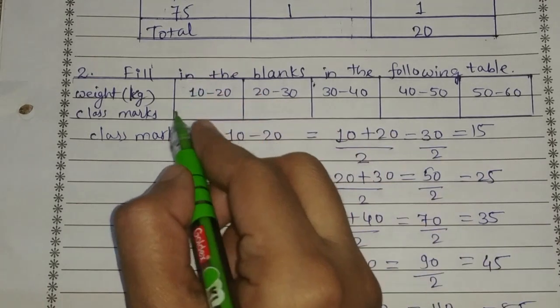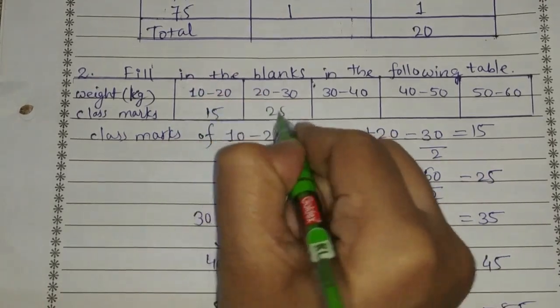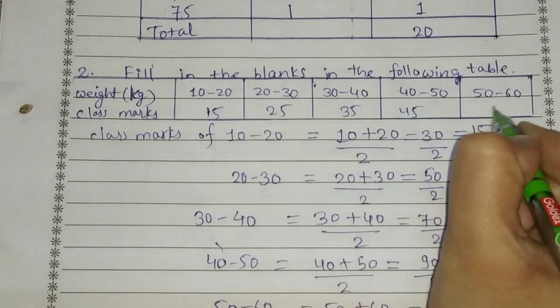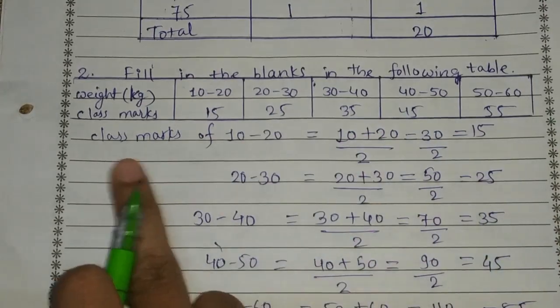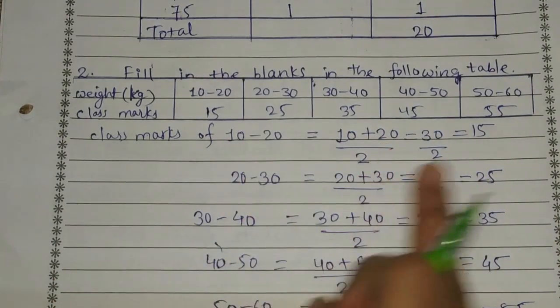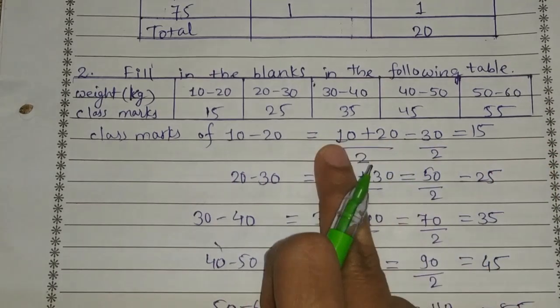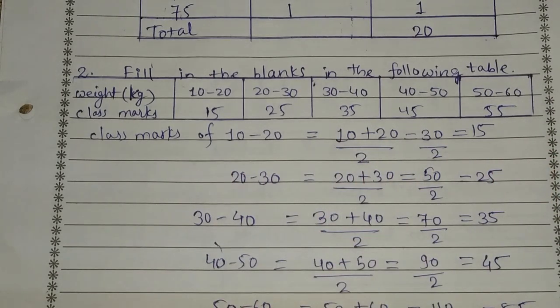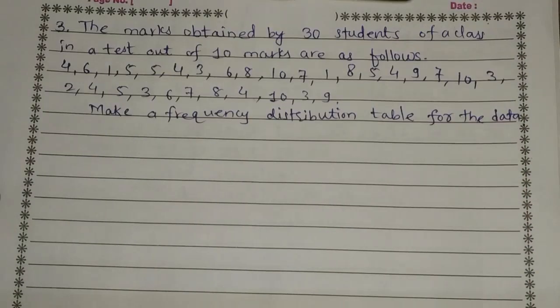So now I will write down here: 15, 25, 35, 45 and 55. The class mark of an interval is its middle value: take the addition of the limits divided by 2.